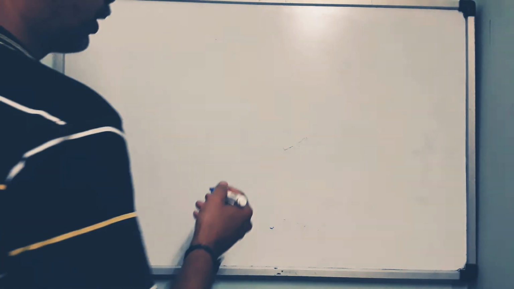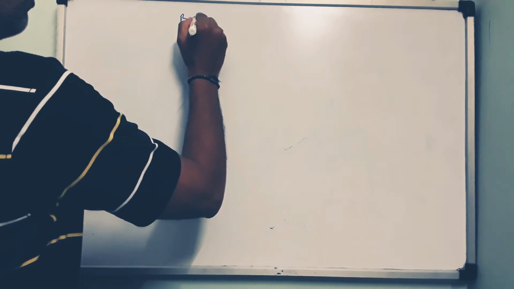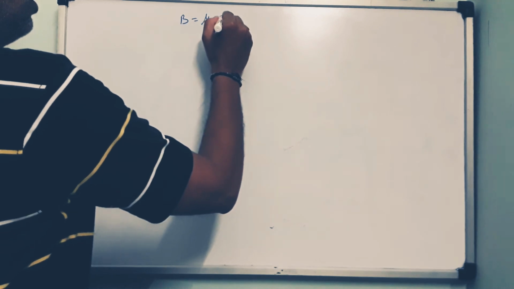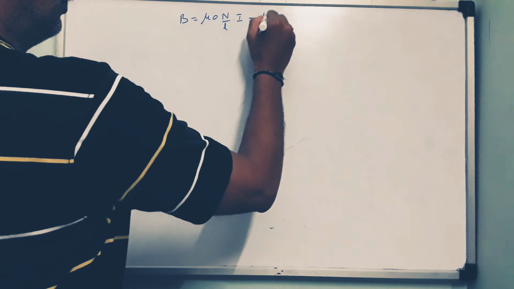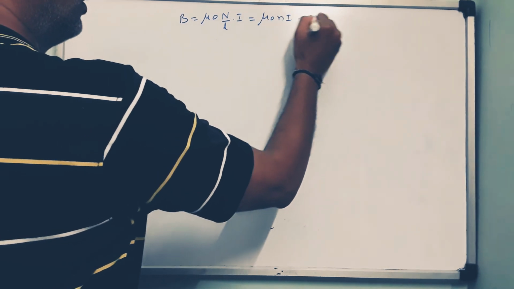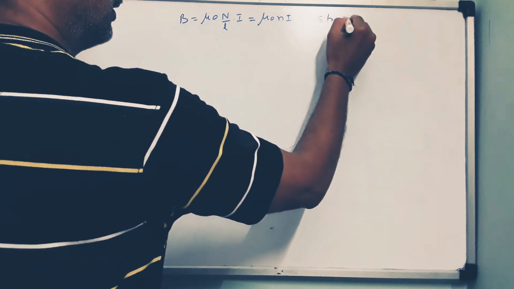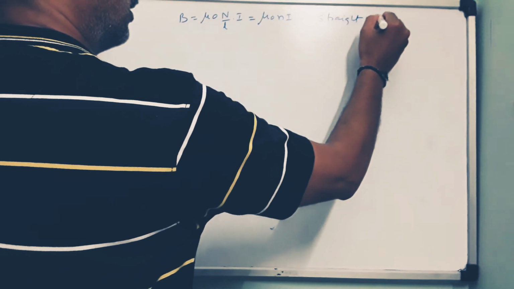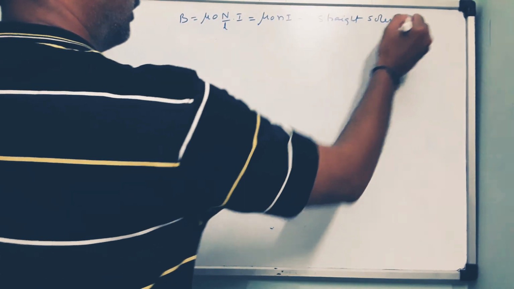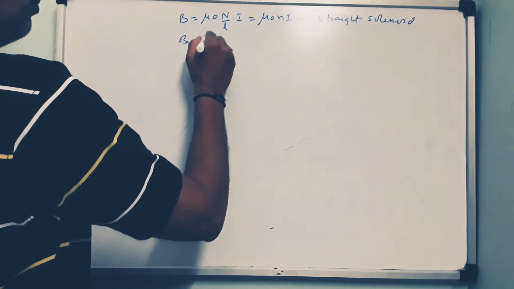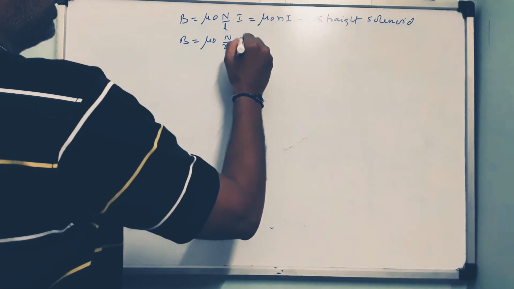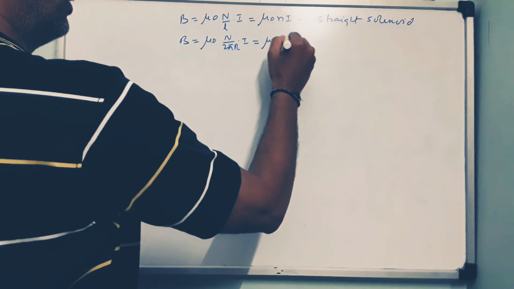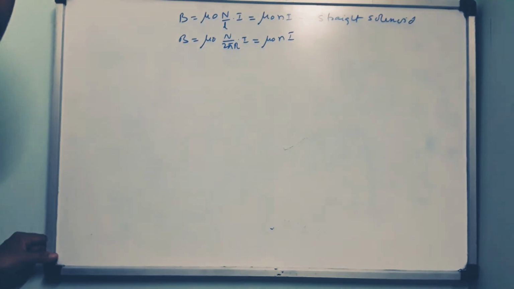Alright, so now the conclusion is B equals mu naught N by L into I, which equals mu naught n into I, for a straight solenoid. B equals mu naught into N divided by 2 pi R into I, again mu naught n into I. The two formulae appear to be the same.